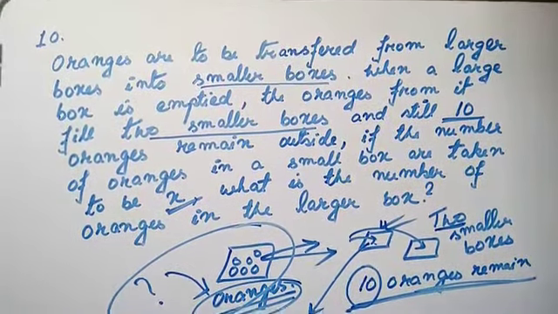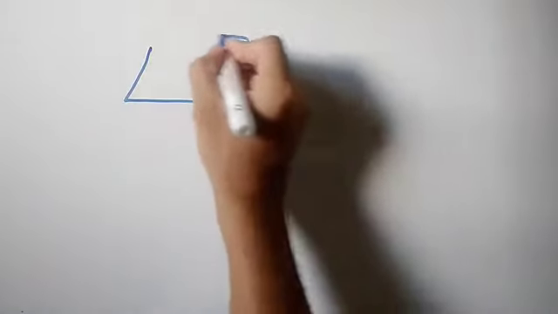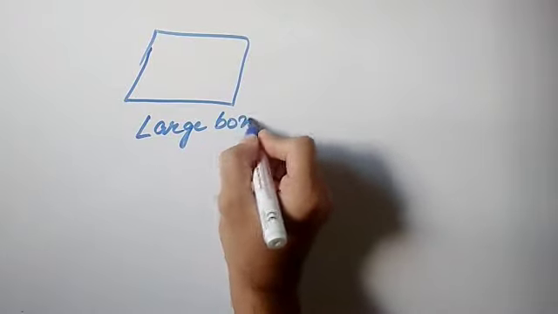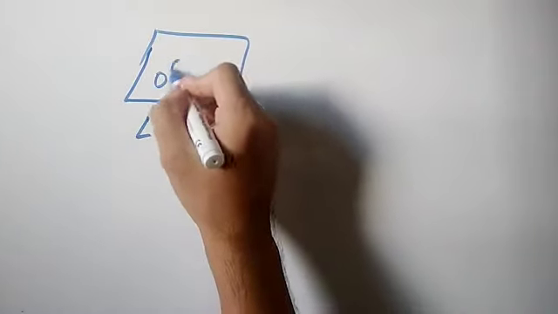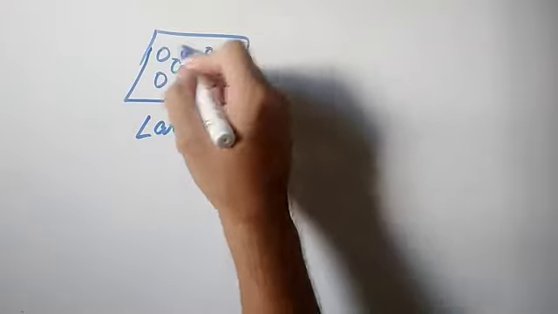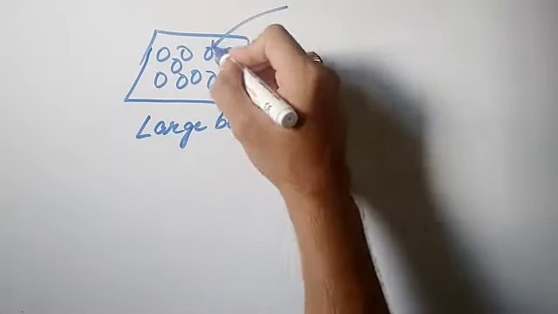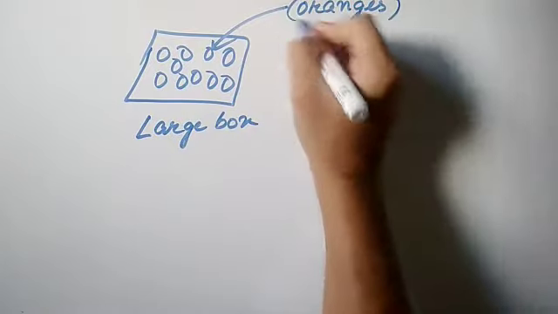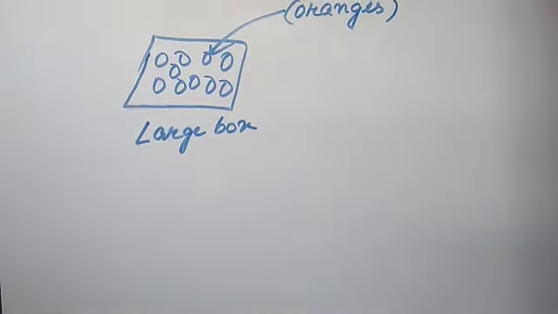Let's try the answer. So students, before we solve the question, let us try one example. Let us assume that this is a large box, and inside this large box there are some oranges. We don't know the exact number, but there are some oranges.